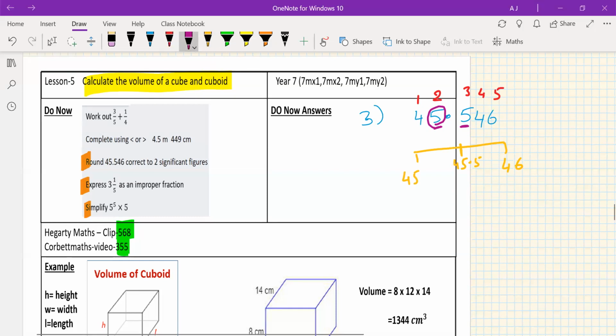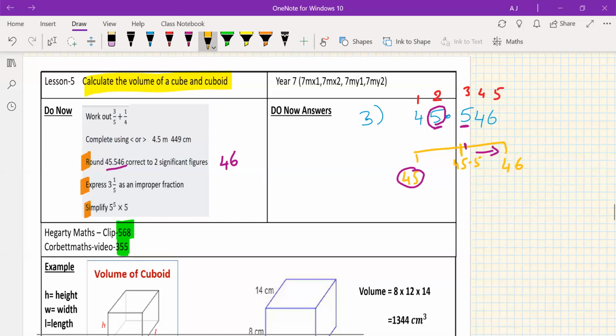The question is, I have 45.546, slightly more over here. So that is very close to 46, not closer to 45. So I can round them up to 46. That will be my answer for question number 3 from do-know.